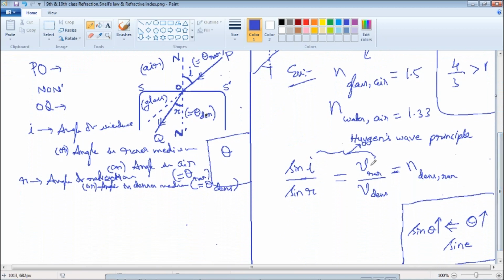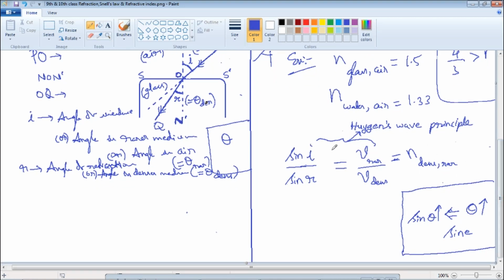This is the second important equation in the topic, which is really the second definition of refractive index of a denser medium with respect to the rarer medium. When this particular equation is considered to define refractive index, it is simply called Snell's law. So from this we can get the statement of Snell's law.